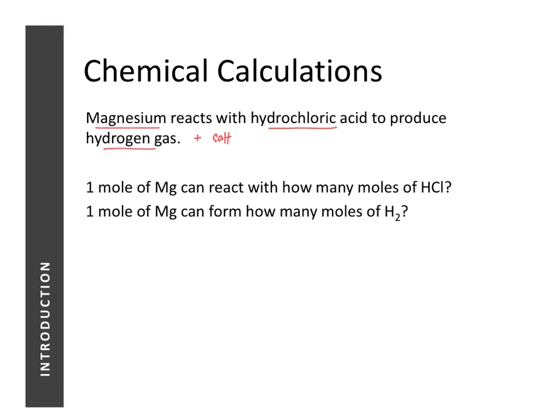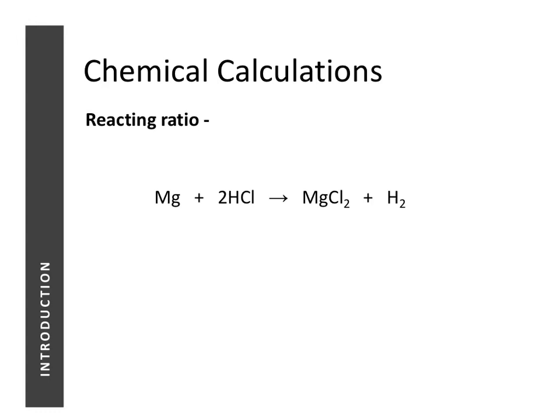Now actually we have already learned it. We can tell the relation from the balanced chemical equation. What do I mean by that? This is the balanced chemical equation for the reaction between magnesium and hydrochloric acid to produce magnesium chloride as the salt and the hydrogen gas. So how do we tell the relation?